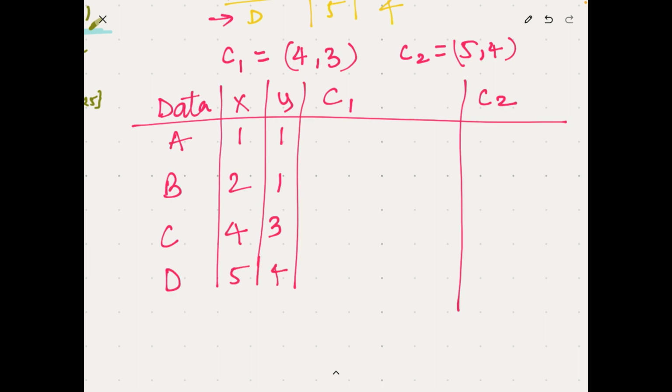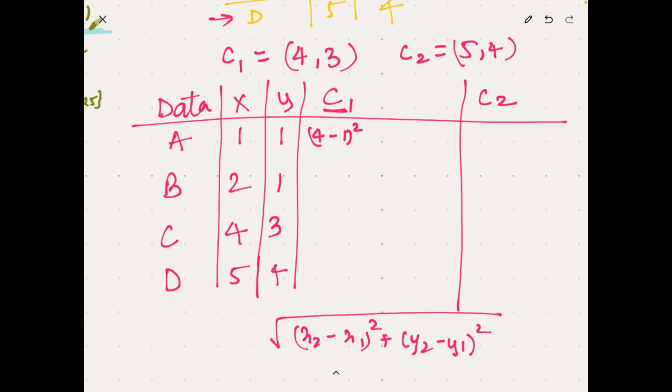So how are we obtaining the value for C1? That is going to be 4 minus 1 the whole square. Basically you are using the Euclidean distance formula over here. That is x2 minus x1 the whole square plus y2 minus y1 the whole square, and the entire thing is under root. Here I'm considering my 4,3 to be x2.